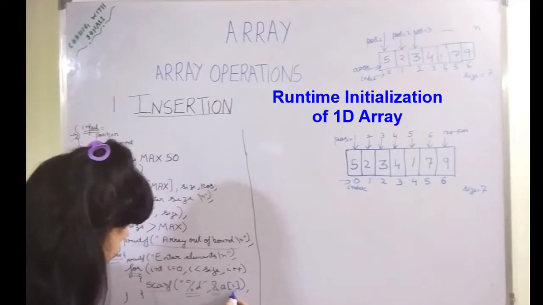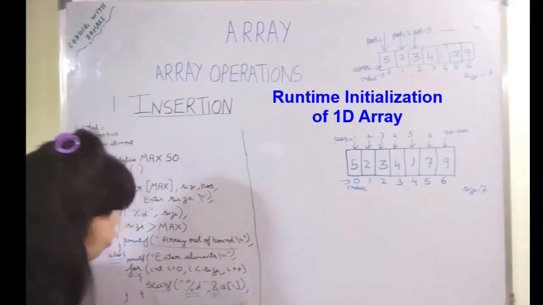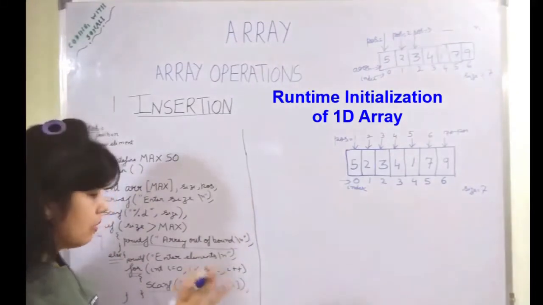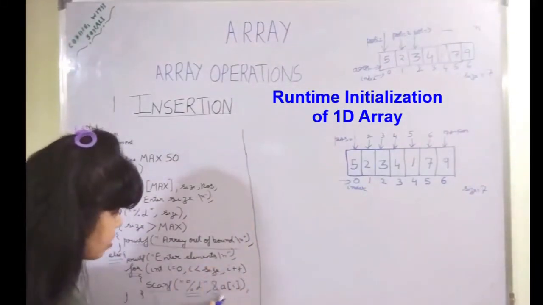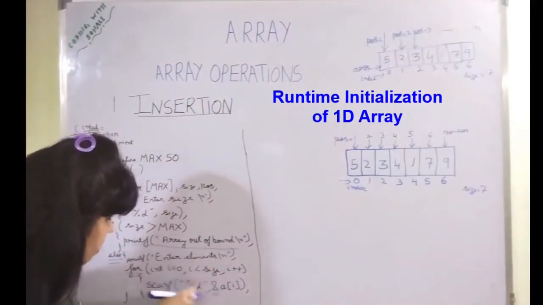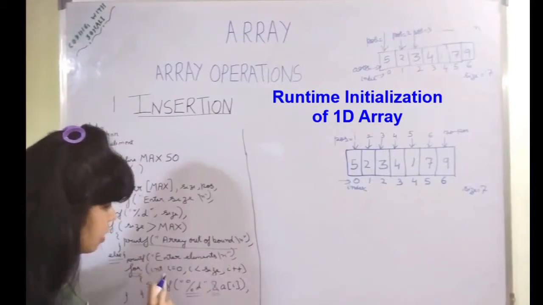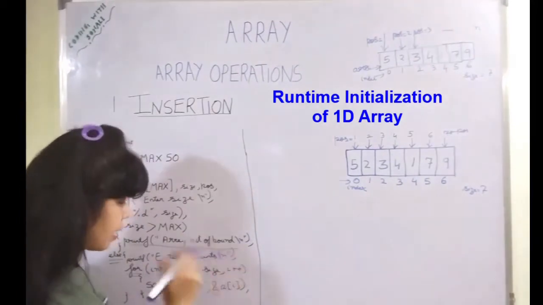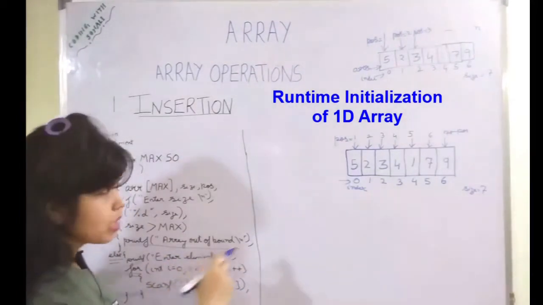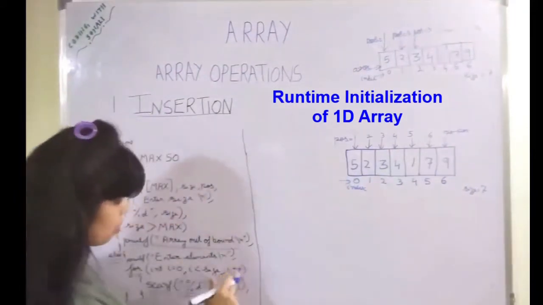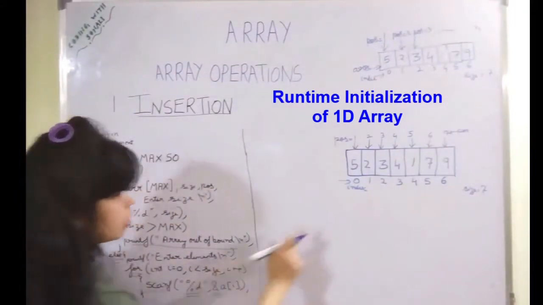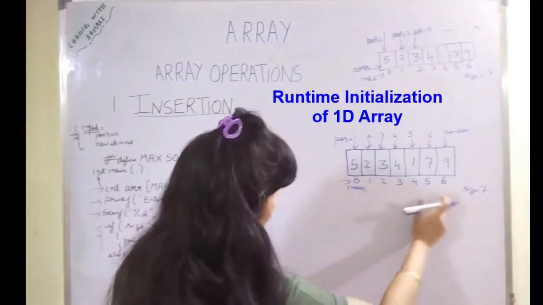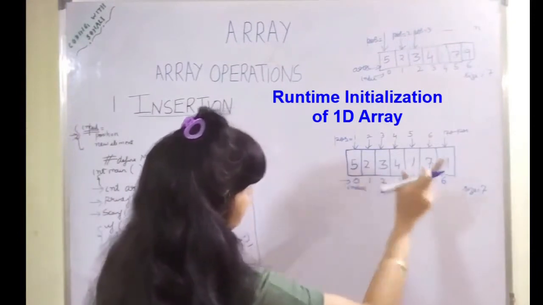That means at this address of this element, whatever value the user gives, we will fill in. Again, one by one we will iterate till size 7, index 0 to 6, accepting all the elements, asking the user to enter the values and filling in the array. So suppose after all this operation, the array is filled, and these are the elements the user has entered at runtime.